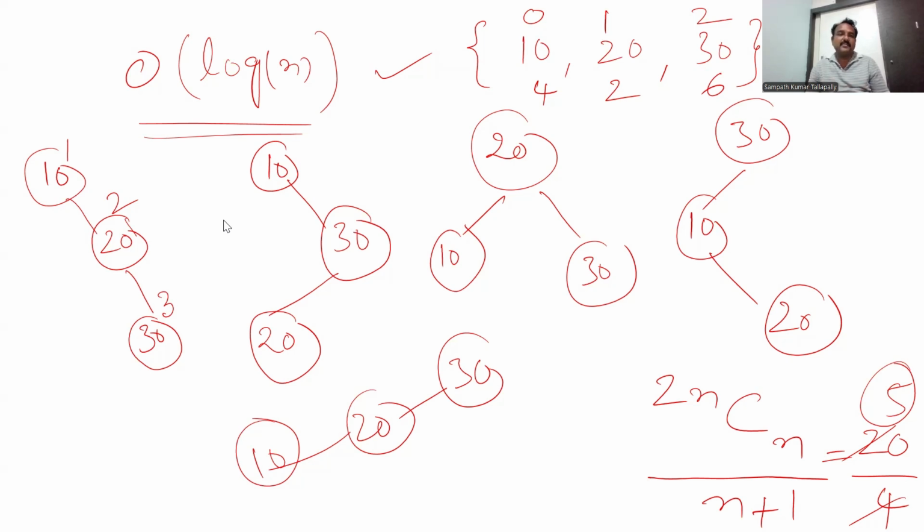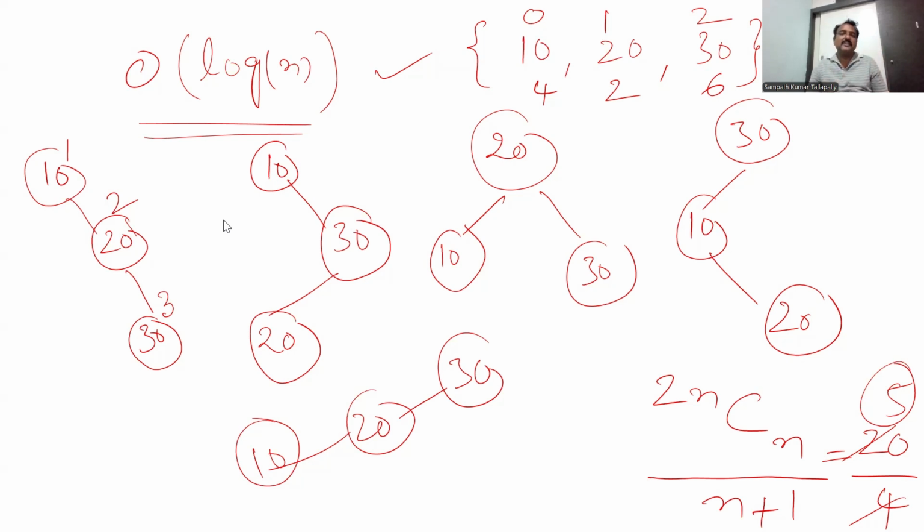So now suppose I say the frequency of my 10 is 4. It means that in my application or in my document, I want to search for this 10 element 4 times. I want to search for this 20 element in my document twice. If I say 30, it means that I want to search for this 30 element 6 times. This means we are going to create an optimal binary search tree depending only upon the frequencies.